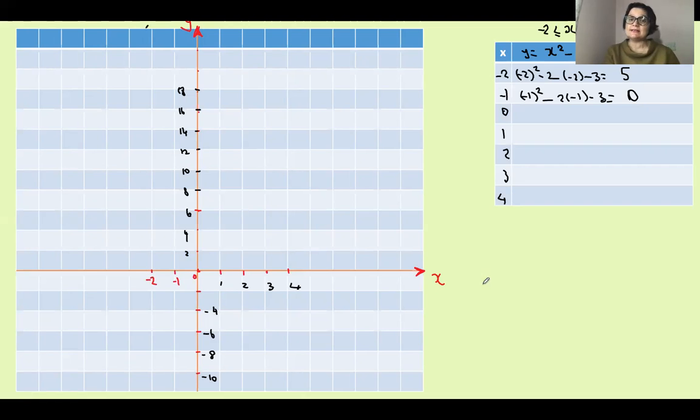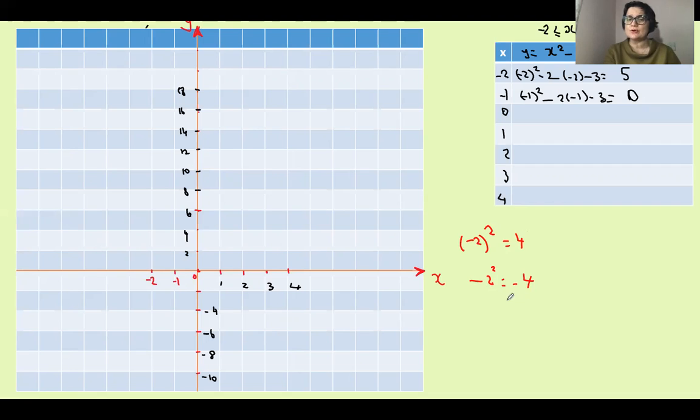As I said in my previous video, when you substitute negative values of x, put that negative value in brackets like this. So this to the power of 2 is the same as minus 2 times minus 2, so the answer is going to be 4. But if you leave it like this, you might, by mistake, think that it is 2 to the power of 2 with the answer minus 4.